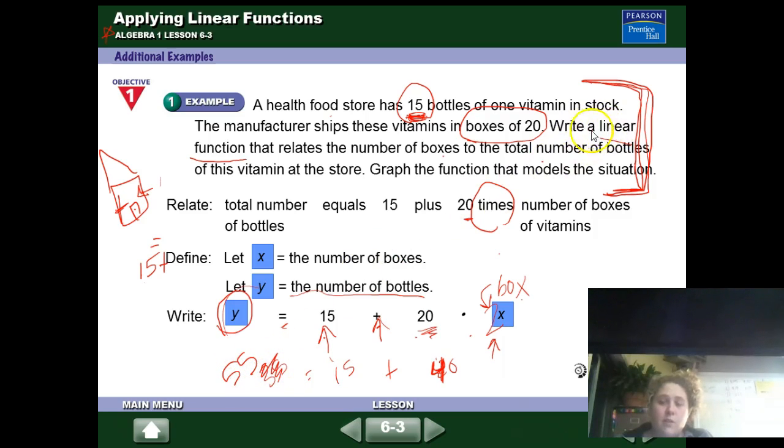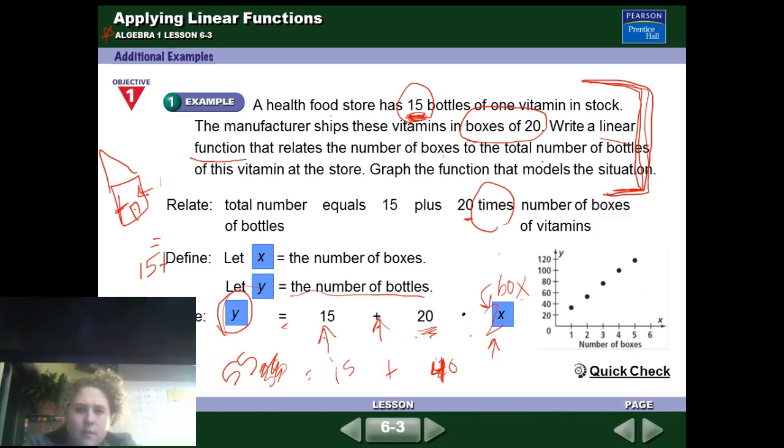So the first part of this question said write a linear function that relates the number of boxes to the total number of vitamins in the store, which we just did. Now we need to graph. So if we graph this, I'm not sure if you can see, I need to move this over. If we graph what this is, you can see here Y equals 15 plus 20 times X. This is what we've been working on.